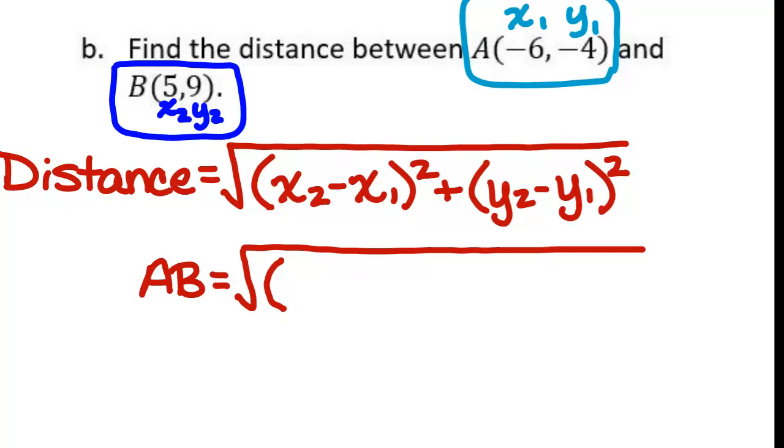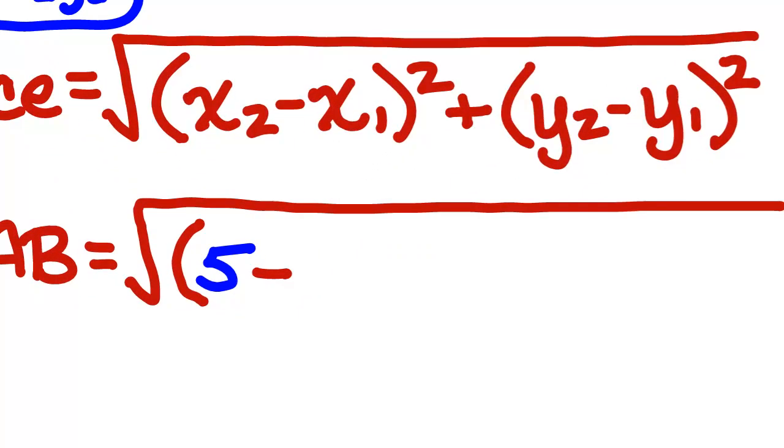Now I want x2 to go in here. Which is my x2? 5. And then I bring my minus sign down, because minus is part of my formula. And then I need x1. What's my x1? Negative 6. So I need to put him inside parentheses.